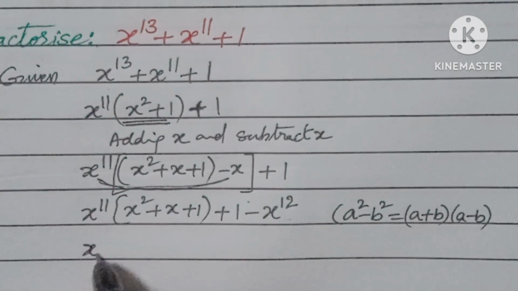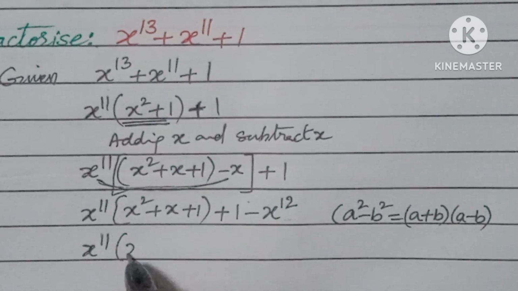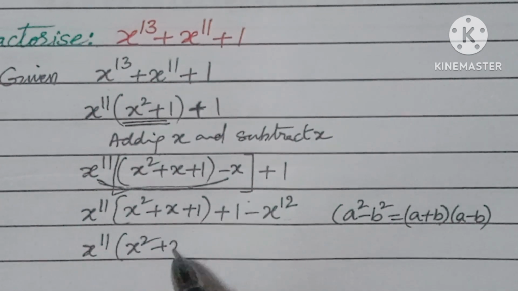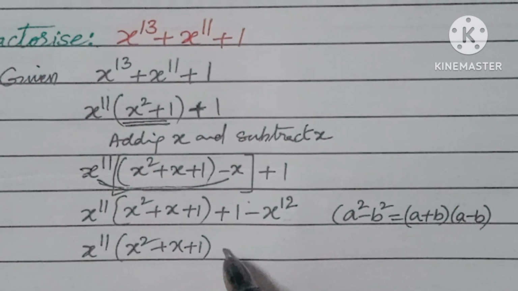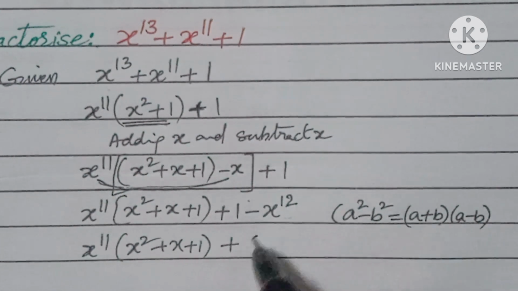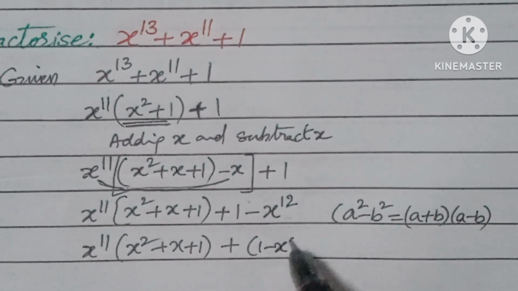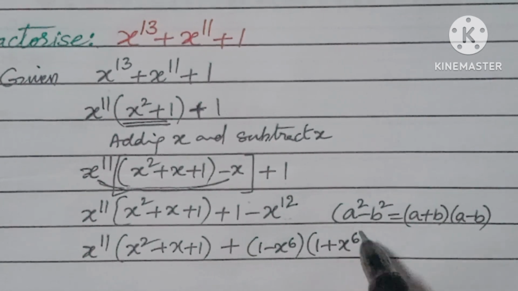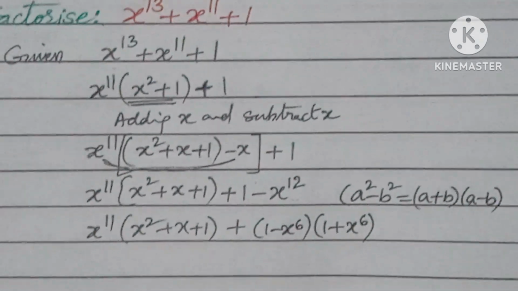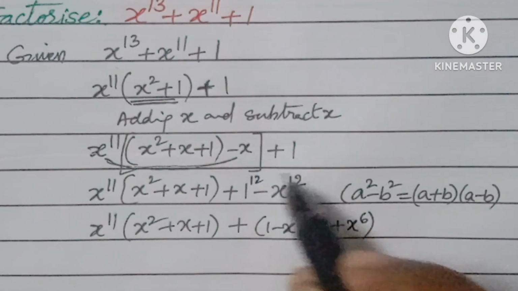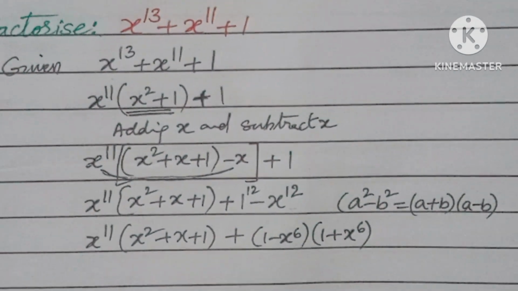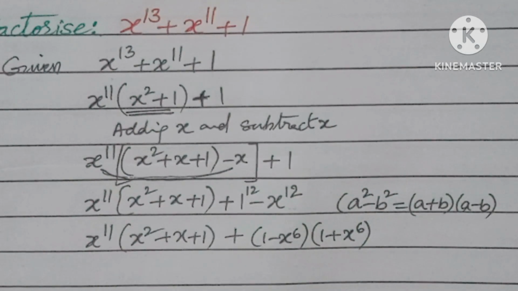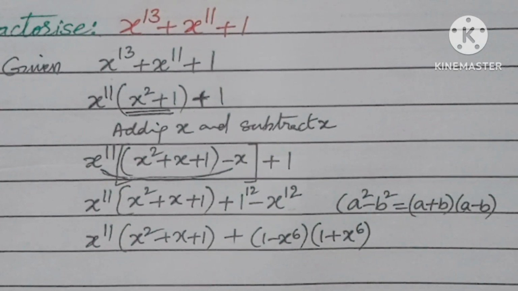So x to the power of 11 into x square plus x plus 1, plus 1 minus x power 6 into 1 plus x power 6. Writing it as factors, we take 1 power 12, so here you'll get 1 power 6 minus x power 6, 1 power 6 plus x power 6.